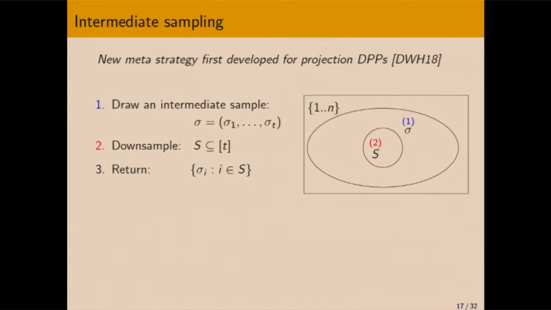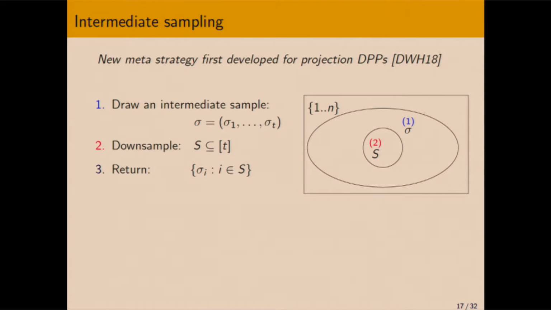The idea is very simple. The idea is to take the entire data set and downsample it to the intermediate sample, which we call sigma. So sigma 1 to sigma t are t items from our data set. T is somewhat larger than the target subset size.